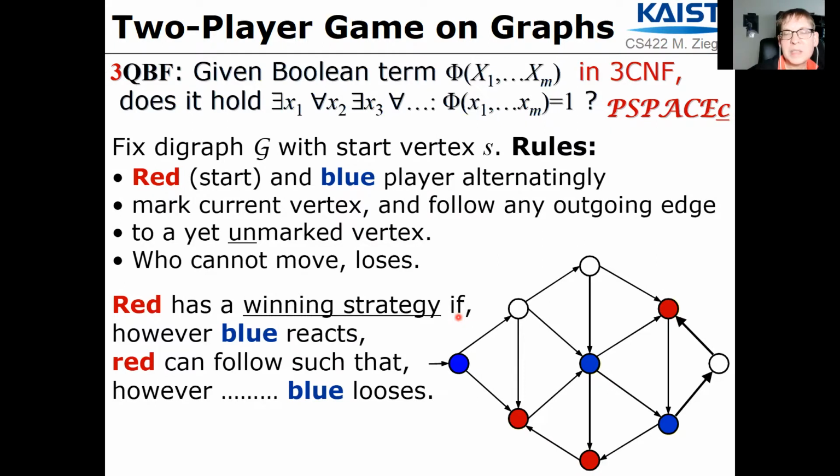It basically boils down to the fact that each player has at most finitely many choices at each stage, and that the length of the game is at most finitely long. Why is that true? Well, because it's a finite graph that we start with, right?